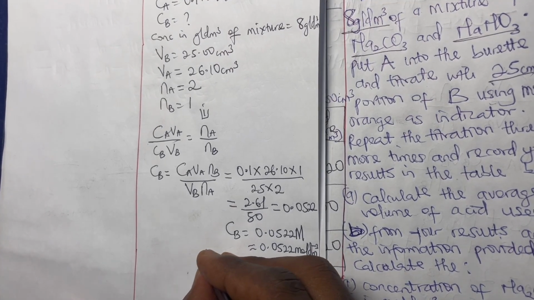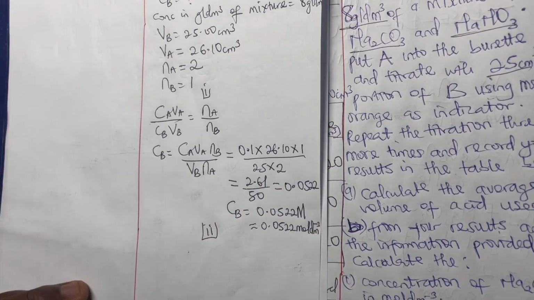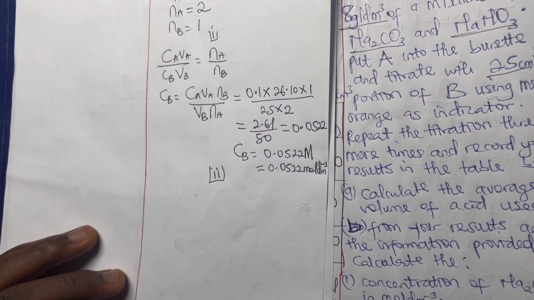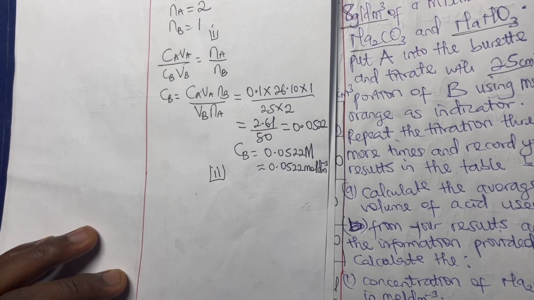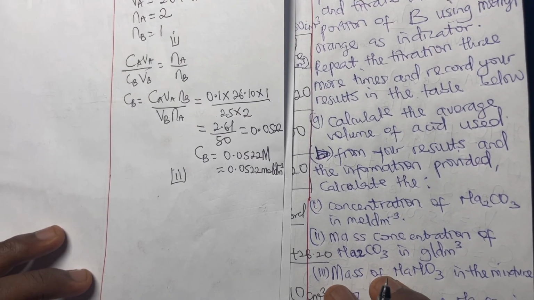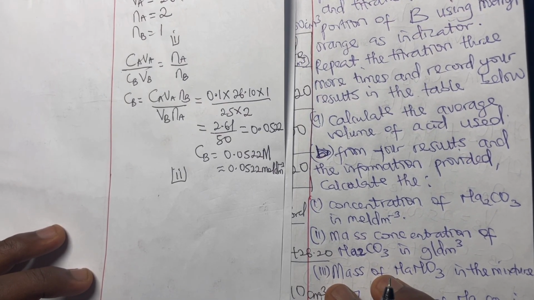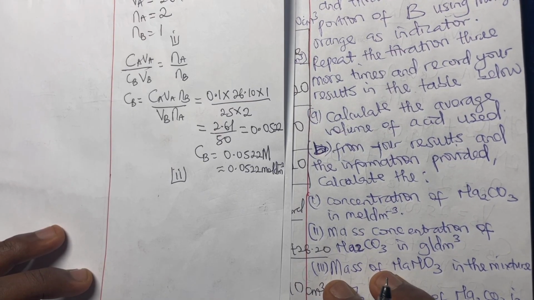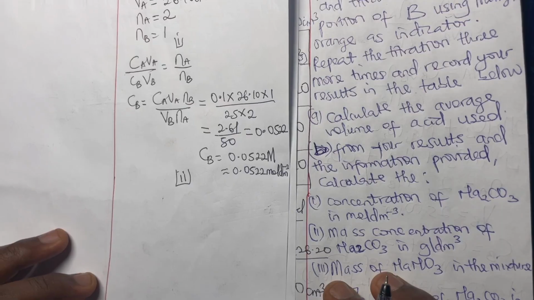Now moving to the II. For the II, the question says that I should calculate the mass concentration of Na2CO3 in gram per dm cube.